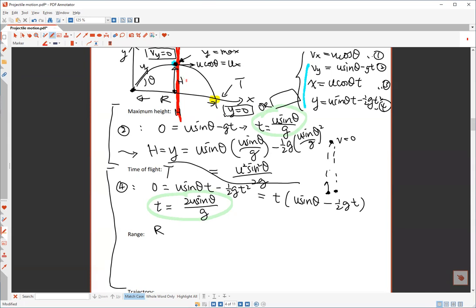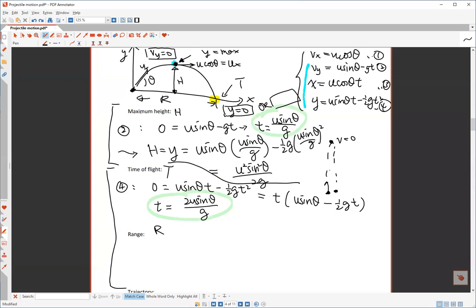The times are the same, the displacements are the same, and the magnitudes of the velocity are always the same. So there's symmetry. That's why when you double this time, you get the time of flight. So we have found the time. The time is the key for solving projectile motion.